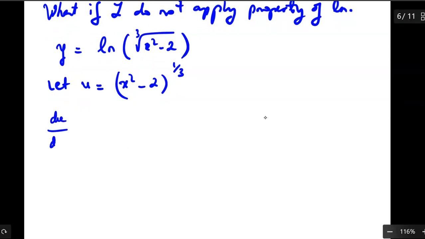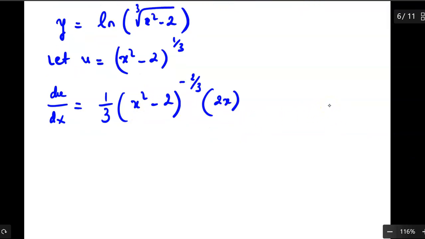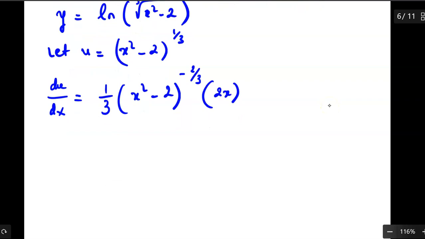So du over dx will be the chain rule: 1/3 of x squared minus 2 raised to the exponent negative 2/3, because you take 1/3 subtract 1, and multiply by 2x, which is the derivative of what is inside the brackets. So here's your du over dx. I would leave it like that for now.